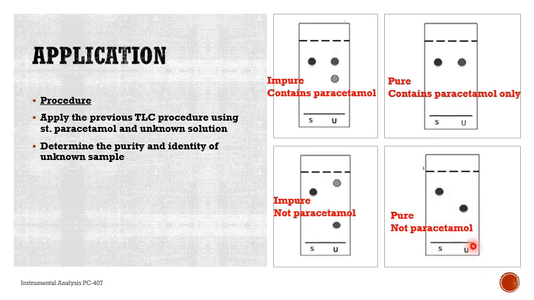So the question is, is it pure? Yes, because only one spot here. Does it contain paracetamol? No, again, it does not contain paracetamol because this spot has a lower RF value than the other spot, the paracetamol. Different RF values, this means that this is not paracetamol. Okay.